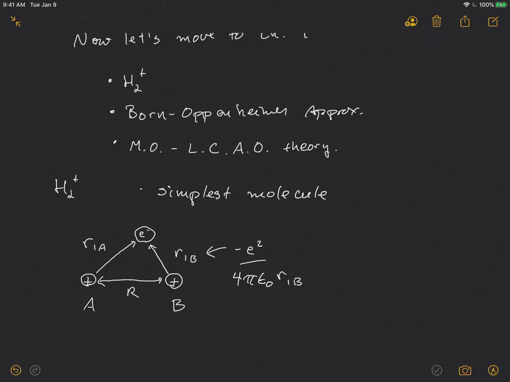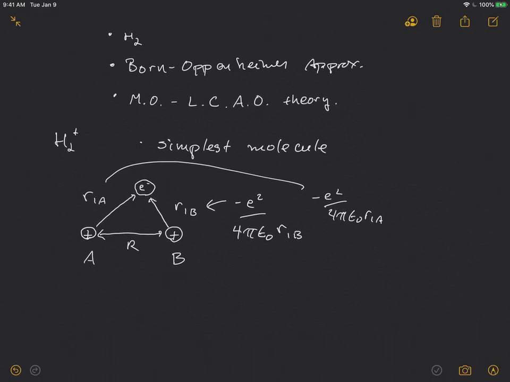And of course, there's going to be a similar term for R1a, and that would be, again, another Coulomb potential.